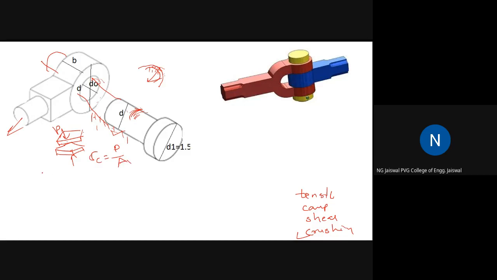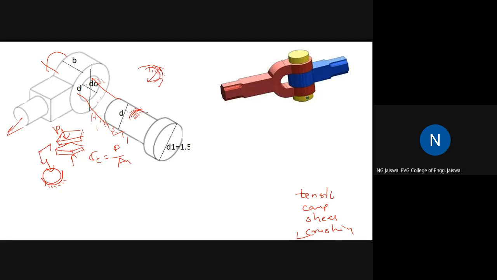But if you have something like this, one surface and another surface like this, and now one is compressed on the other, this is also crushing. These two examples are actually the same.